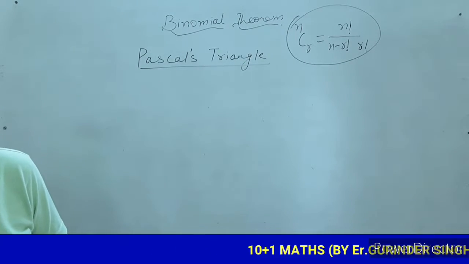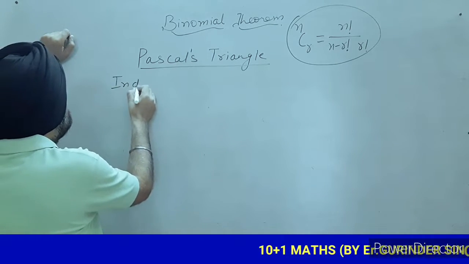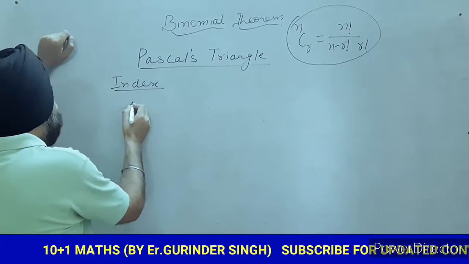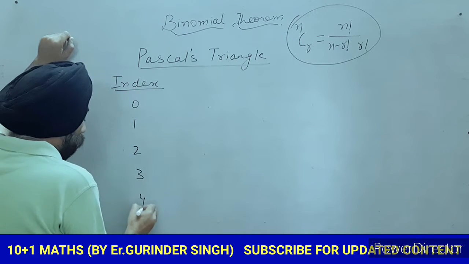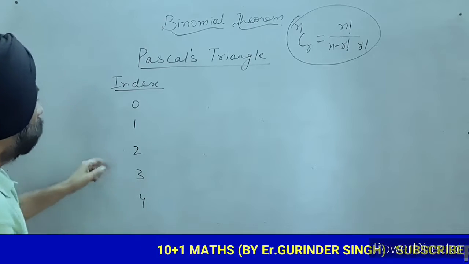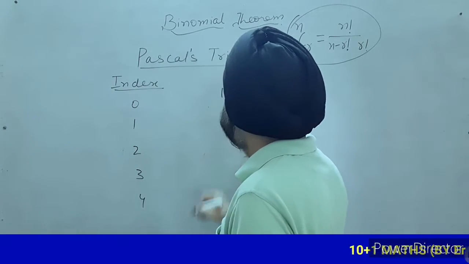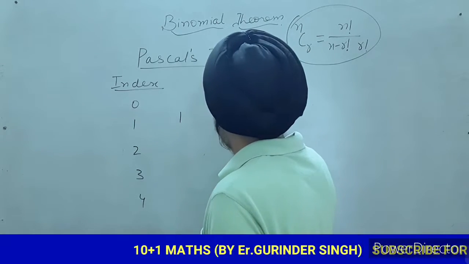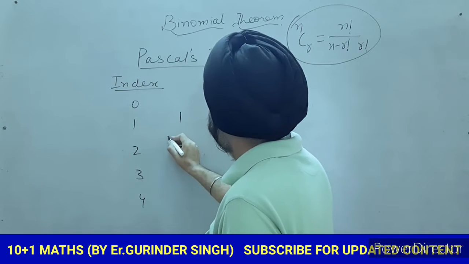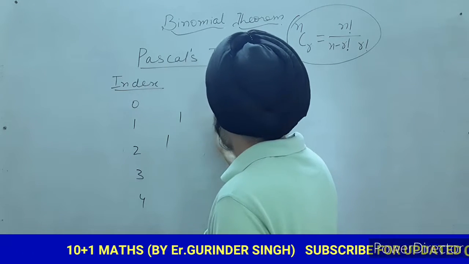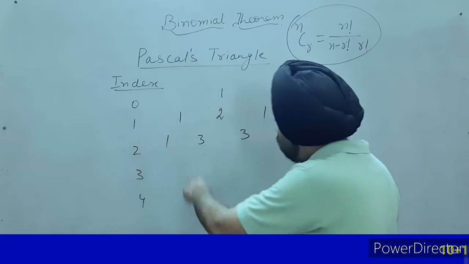Now for Pascal's triangle, say here we write the index, the power, if it is 0, 1, 2, 3, 4 and so on, right? How do we proceed? Write 1 here, right? Here write 1 1, then 1 1 1 plus 1 2, then 1 1 2 plus 1 3 2 plus 1 3. Go on writing like this.